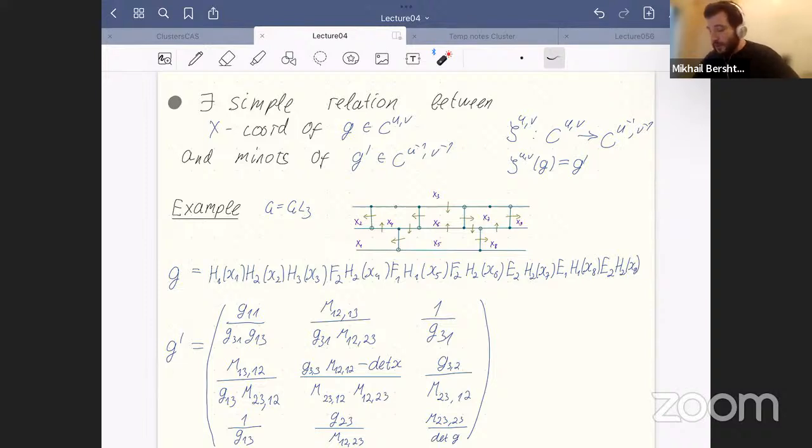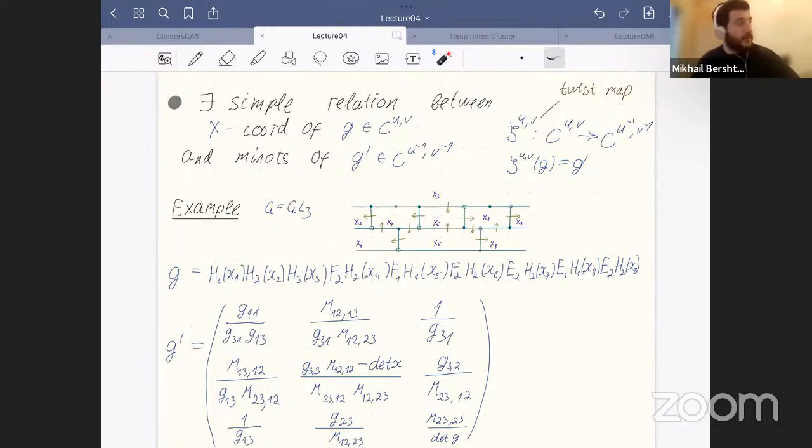But in order to apply it, we need first to do some special map, which I denote here by zeta, and this map is called the twist map. This map was invented by Fomin and Zelevinsky 25 years ago for double Bruhat cells, and then it was found in many examples of cluster varieties.